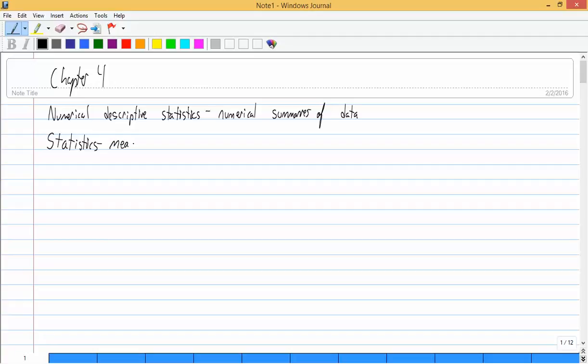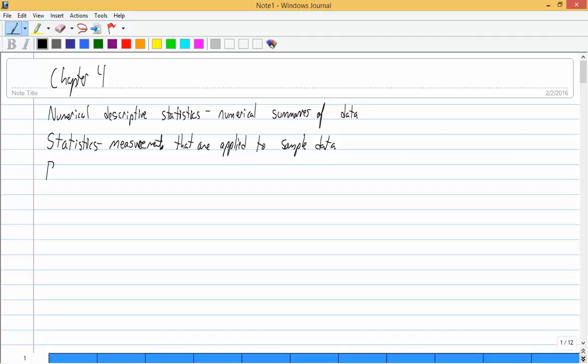Measurements that are applied to sample data. More times than not, we deal with sample data. Very rarely do we really say that we dealt with the population. It's usually some sample that we're looking at.